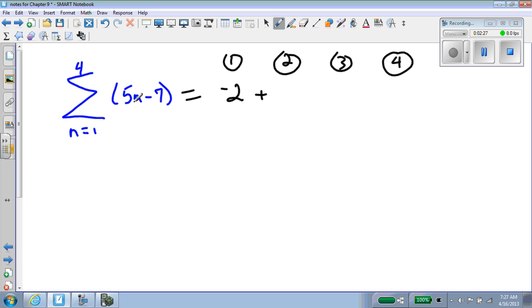The second term, plugging in a 2, 10 minus 7, 3. 15 minus 7, 8. 20 minus 7, 13. This sum is 21, 22. Let's see. 1 and 8 is 9, 22. Close.